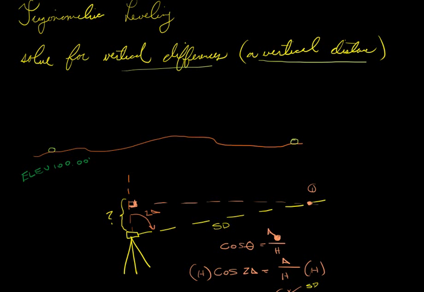So in this case, we'll set up right over this point with our total station. And we're going to need a range pole or prism pole right over here.